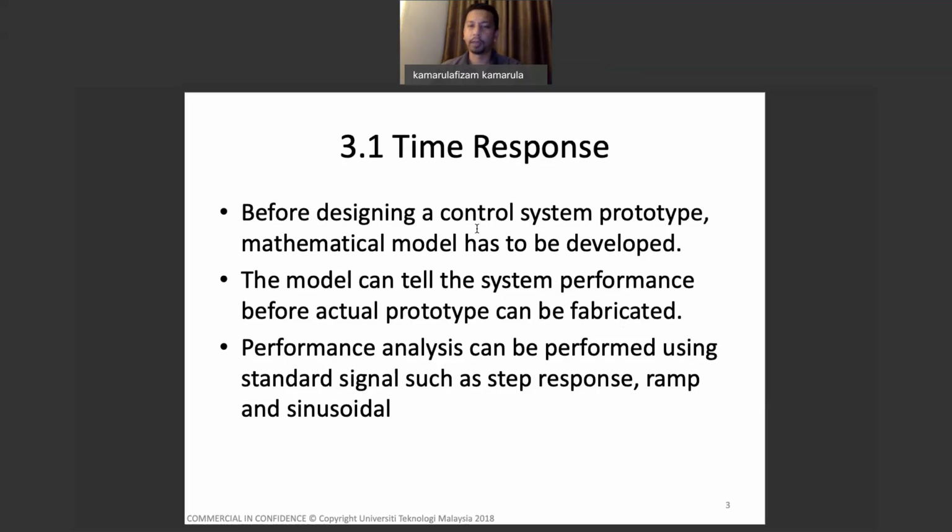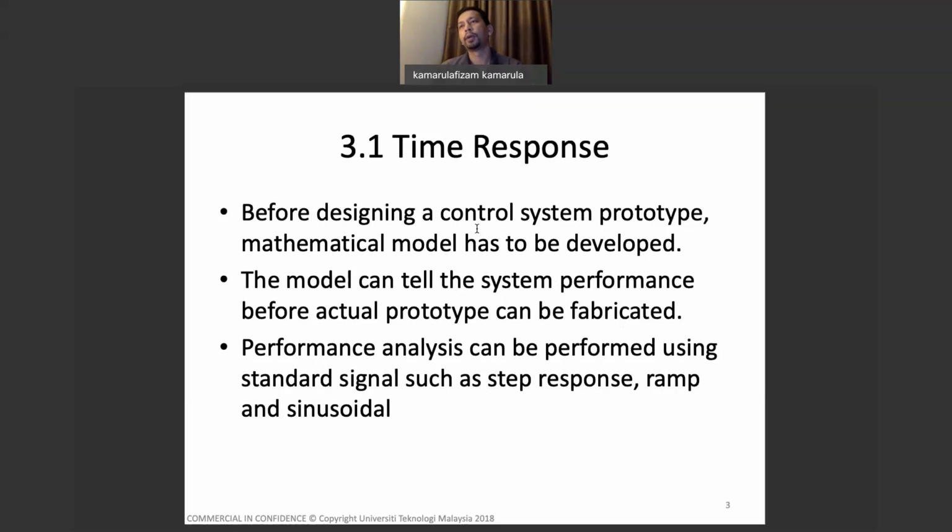Okay, and how do we test the system performance? Basically, we can use a test signal such as a step, ramp, or sinusoidal signal. If our system is predicted to work in an environment that experiences a lot of changes in the input, we can use a ramp signal as a test signal to test our system stability.